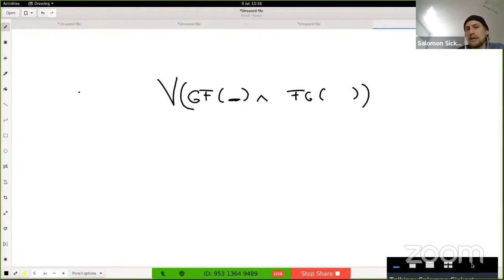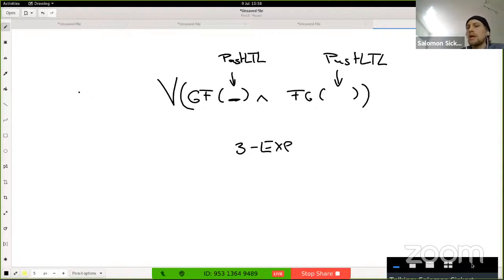But this is going to be past LTL in here. So there is a result that does that. And this is known to be, if I'm not mistaken, triple exponential. But we looked at that construction and we haven't seen any way to rewrite it into something that talks about future LTL. And this necessarily depends on being able to look at the past.